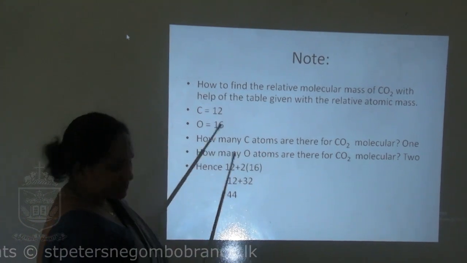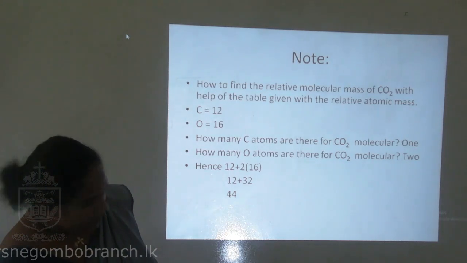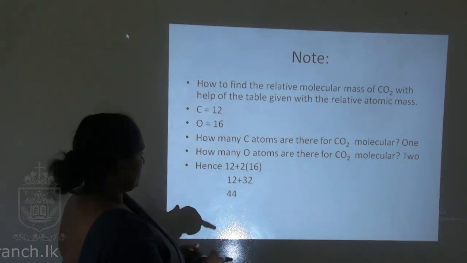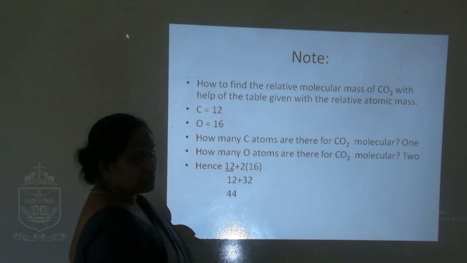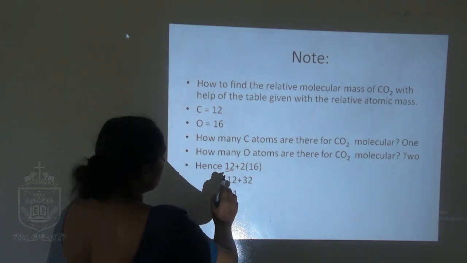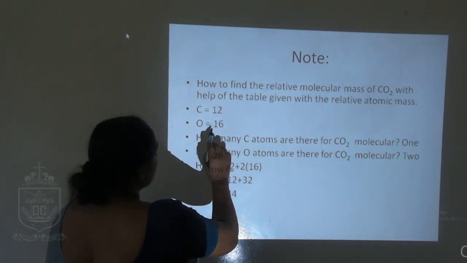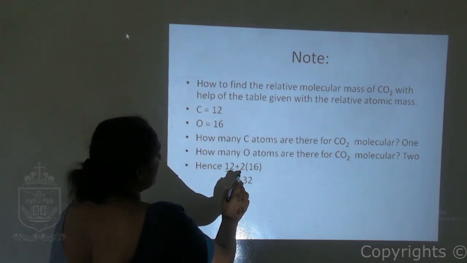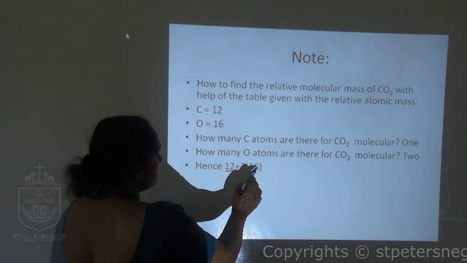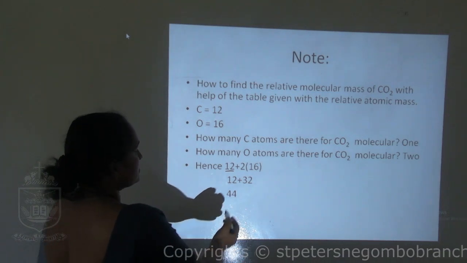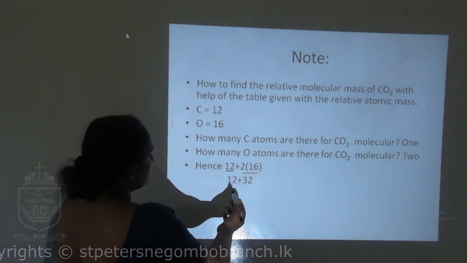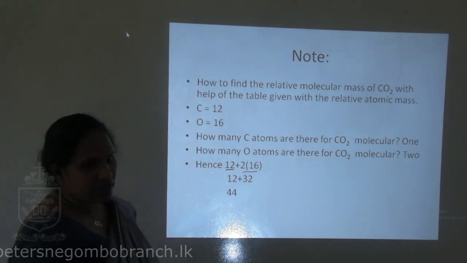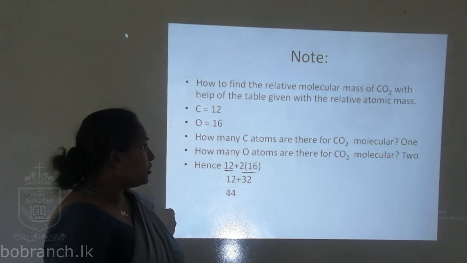There is one carbon here, with its relative atomic mass, and here oxygen 16. There are 2 oxygen atoms, so 16 into 2, which means 32. 32 plus 12, the answer will be 44.